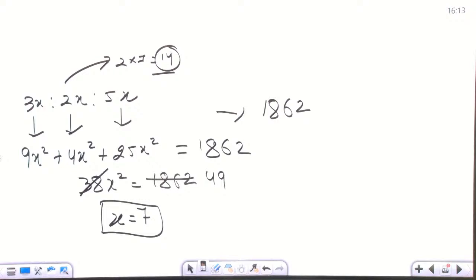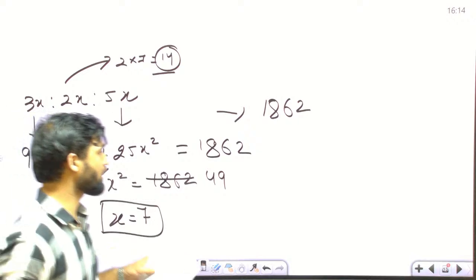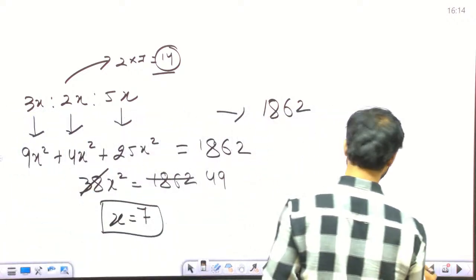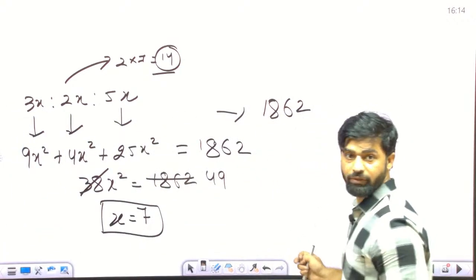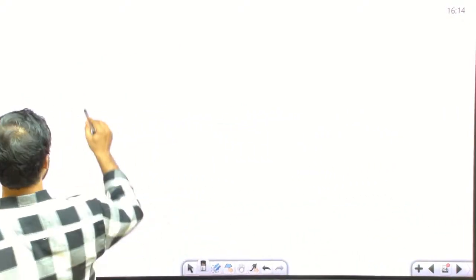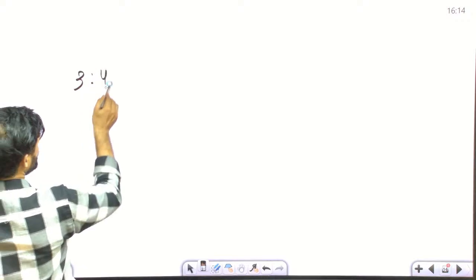Write the next question then. Three numbers are in the ratio 3 is to 4 is to 5.